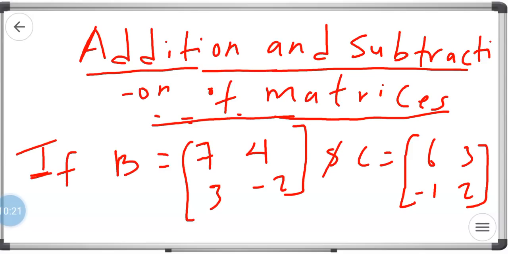Evaluate B plus C. So we want to evaluate B plus C.